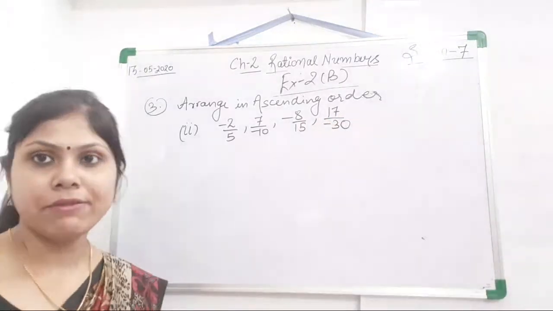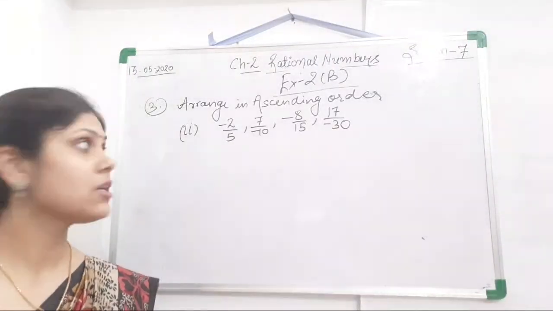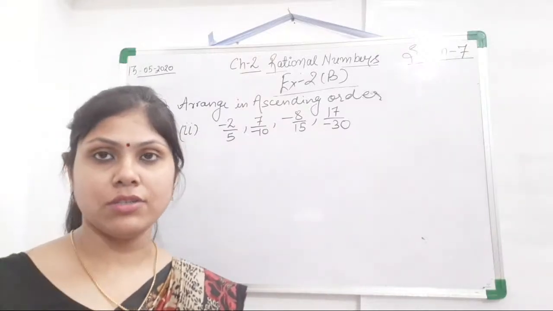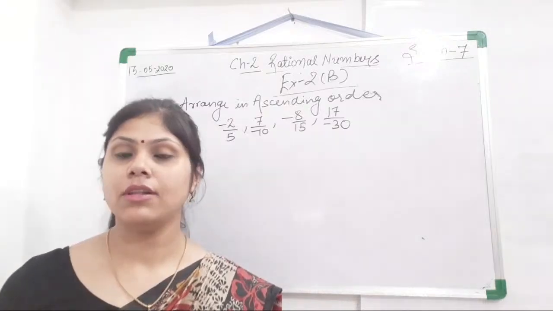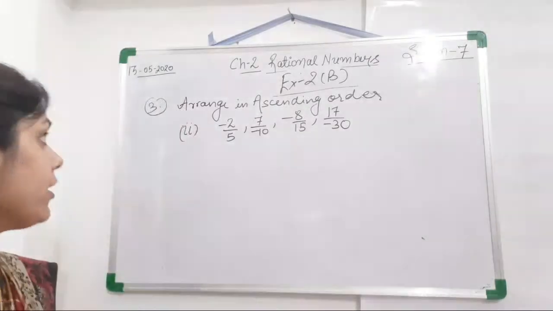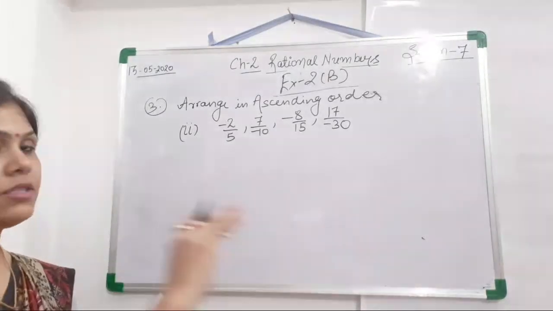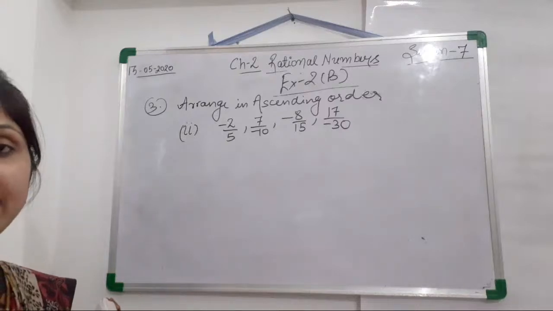Before this, we were just comparing two numbers, isn't it? Ascending order means from smaller to larger we have to go. And descending means from bigger to smaller. Now here you can see there are different denominators, and two of them contain a negative sign as well.